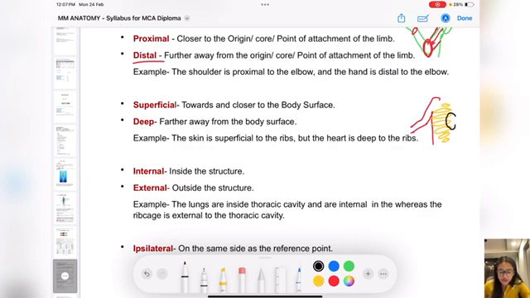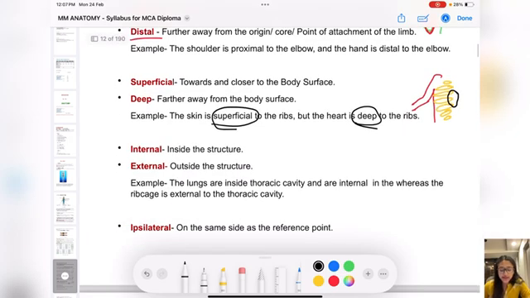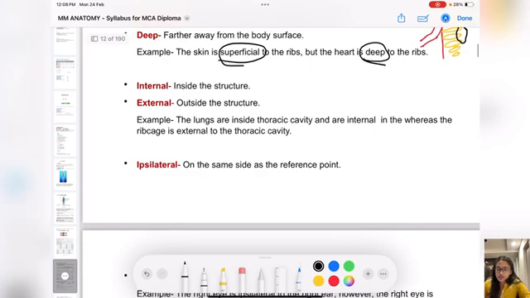So here the example is given. The skin is superficial to the ribs, but the heart is deep to the ribs. Then internal and external: inside the structure, outside the structure.